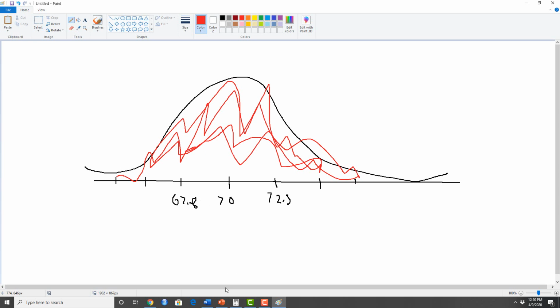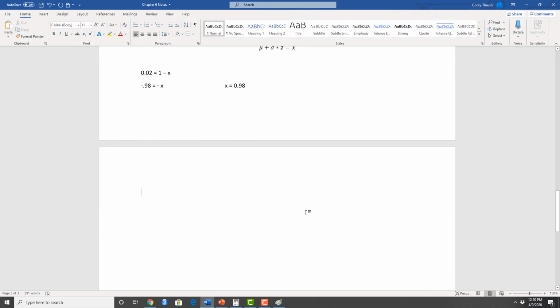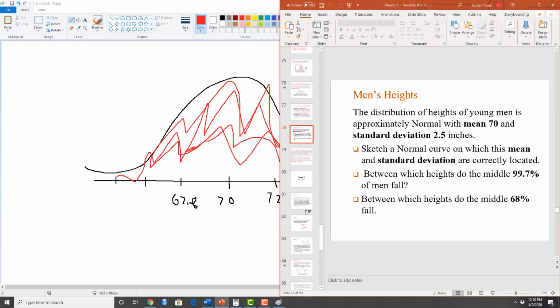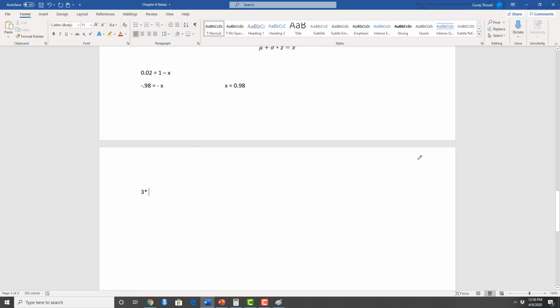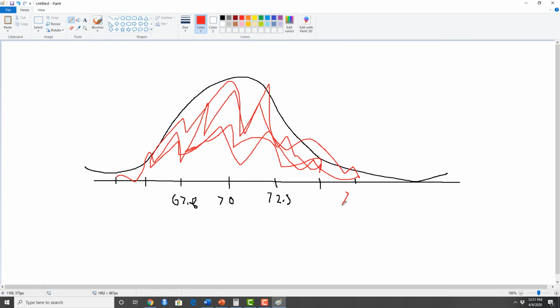Well, if we wanted to solve this, 3 times 2.5, and our mu is 70, and that equals 70 plus 7.5, and that equals 77.5. So that's our highest point, 77.5.